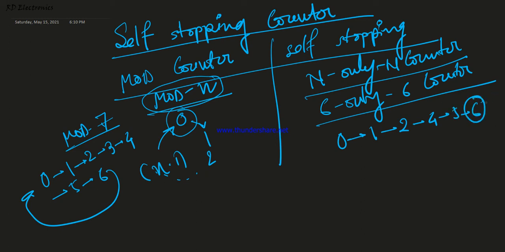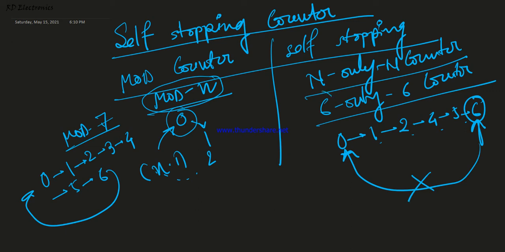No other states are possible. It does not come back to the initial condition 0. That is not possible in the self-stopping counter, so that's why it is known as self-stopping.